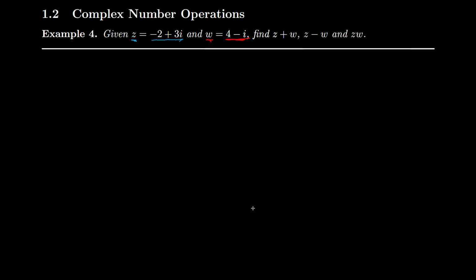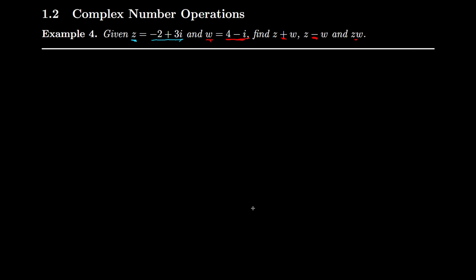So we're asked to find what happens when you add together z and w, when you subtract w from z, and when you multiply them. So I'm going to show you how to do addition, subtraction, and multiplication using these numbers. That's easy enough.